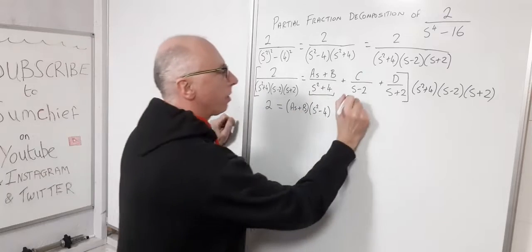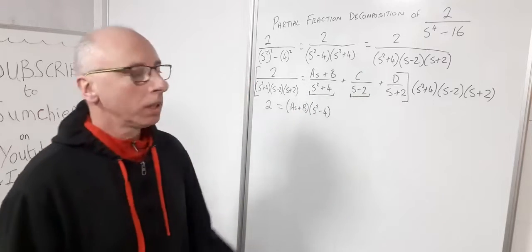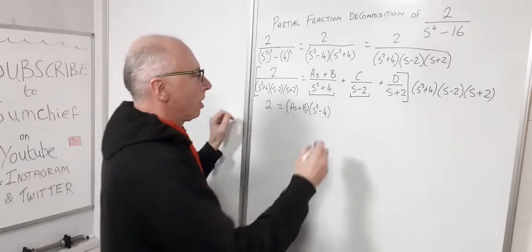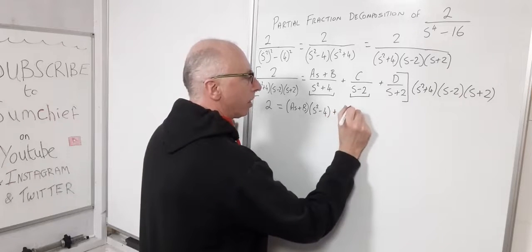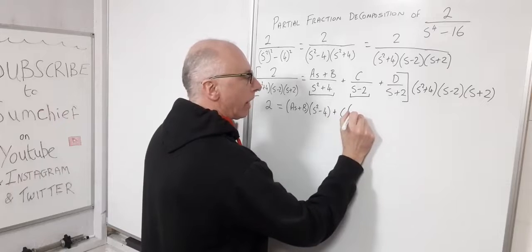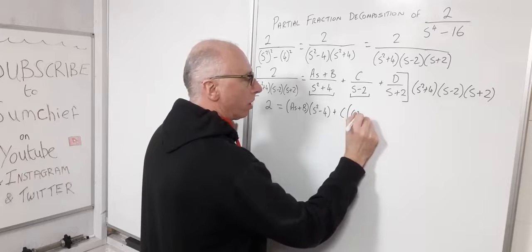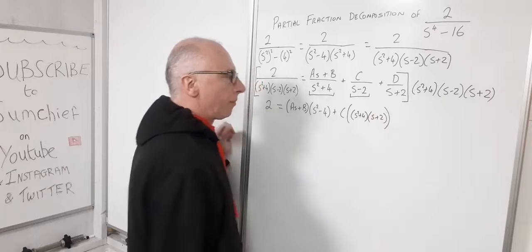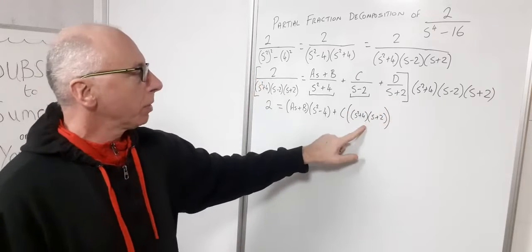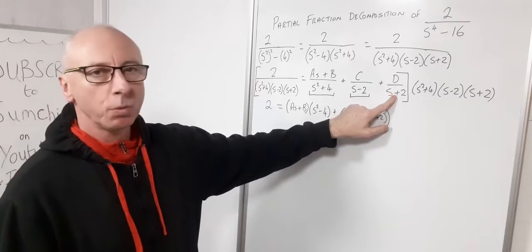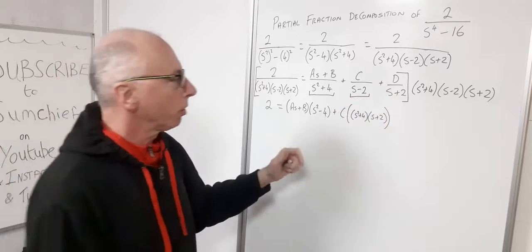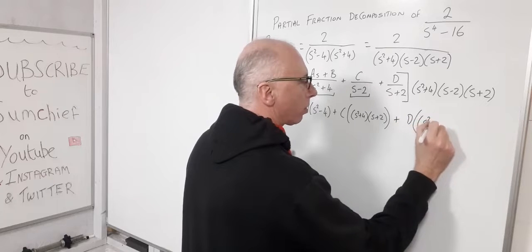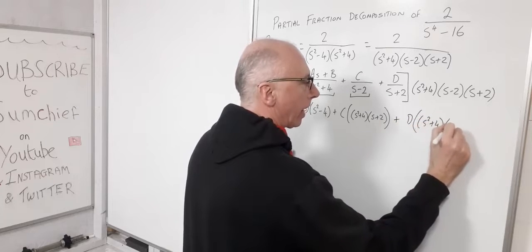Now with this c term, I've got s minus 2, in which case that's going to cancel out, we're left with these two. So now I'm going to add c times s squared plus 4 and s plus 2. And then with this one, very similar to this one, except the plus 2 will cancel out and I'll have a minus 2. So now I'm going to be left with d times s squared plus 4, s minus 2.